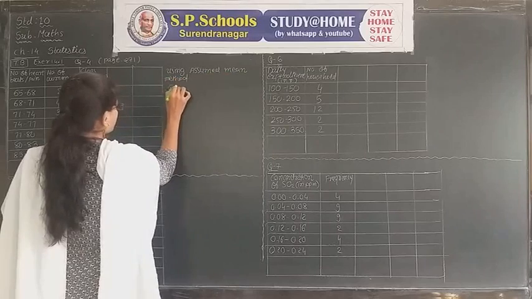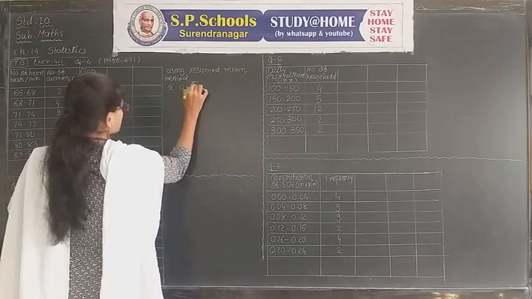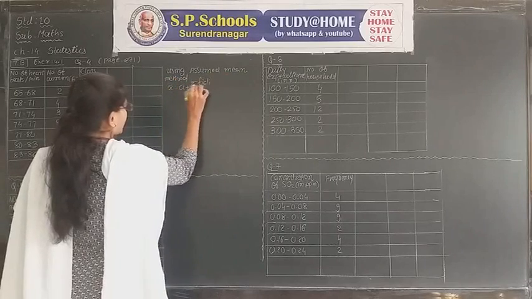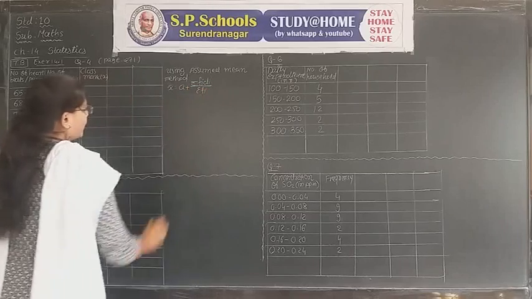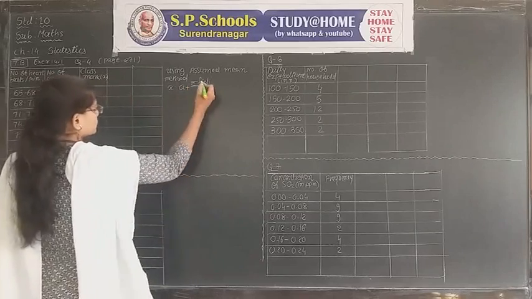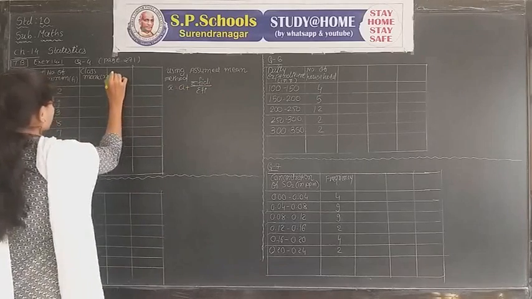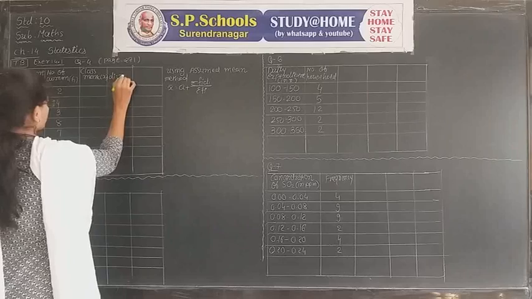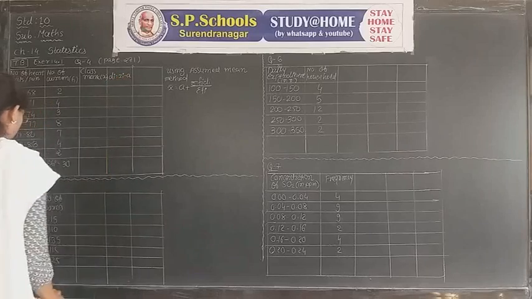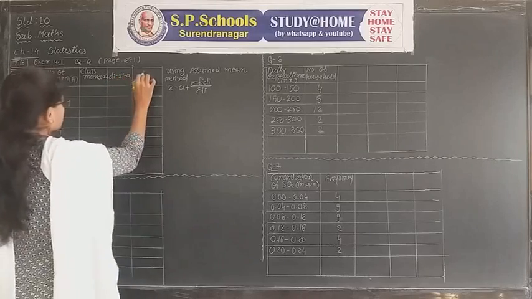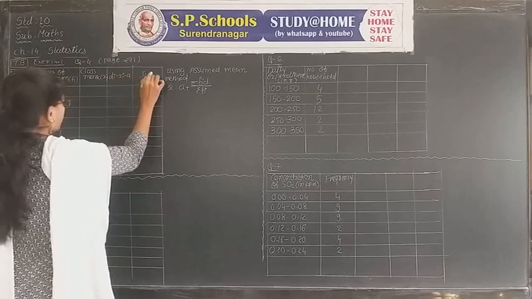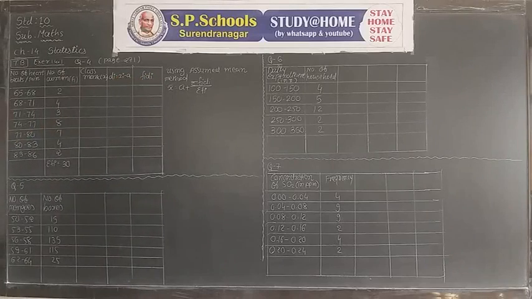X bar is equal to a plus sigma fi di upon sigma fi. We require the fourth column as di. Di is equal to xi minus a. The next column is the multiplication of fi and di.